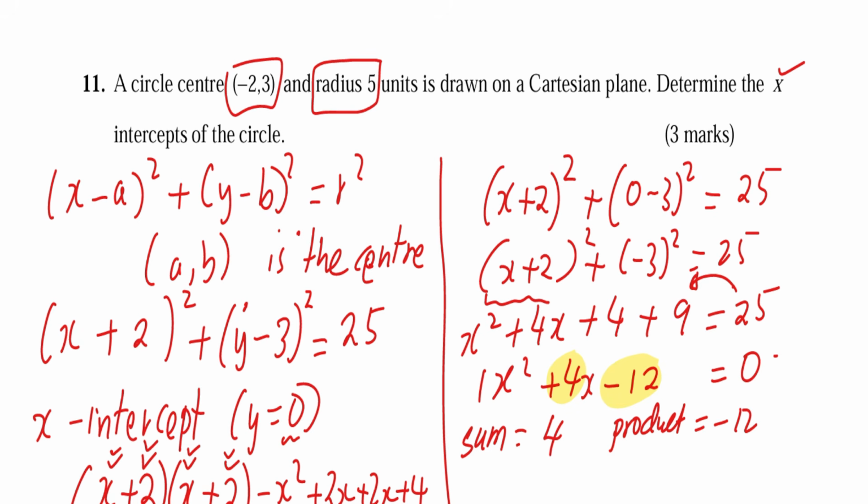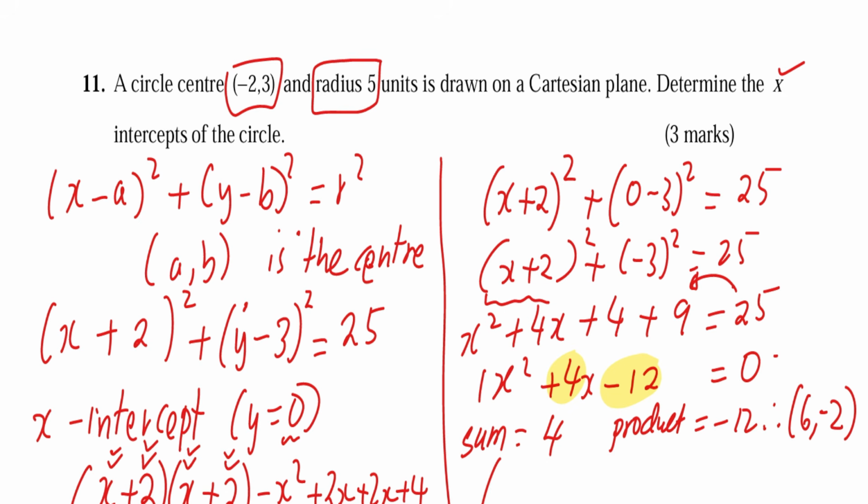So the product is 1 times that, but negative 12. So which two numbers add to give 4 and multiply to give negative 12? Those two numbers are negative 4 and negative, is it negative 4 and negative 3? No, it's supposed to be 6 and negative 2. If you add 6 and negative 2, you get 4. And if you multiply those two numbers, you get negative 12.